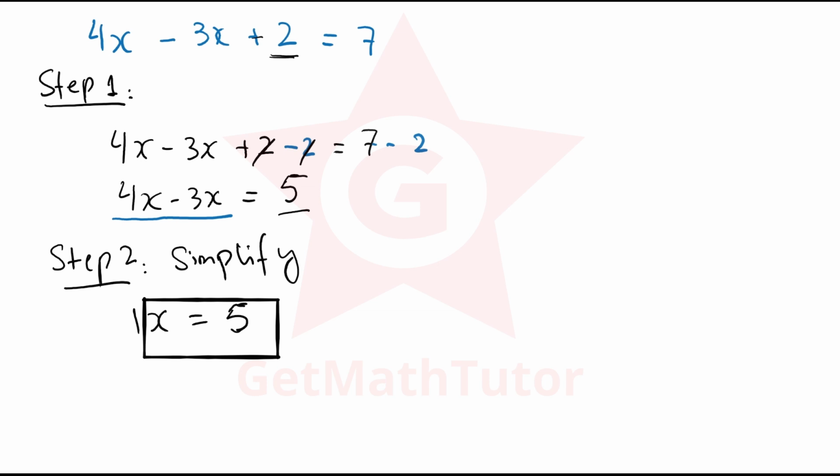Then the next step is to divide or multiply both sides with the coefficient of x. But here we see we have 2 x's, we have 4x and we have 3x, so we can actually simplify that before dividing. So once we simplified it, we are left with x equals 5, and our coefficient is already 1, so we don't have to divide it on both sides.